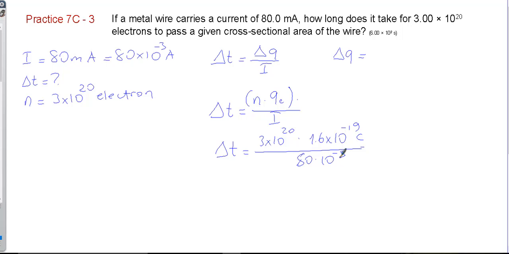When you calculate them, you will get delta T is equal to 600 seconds.